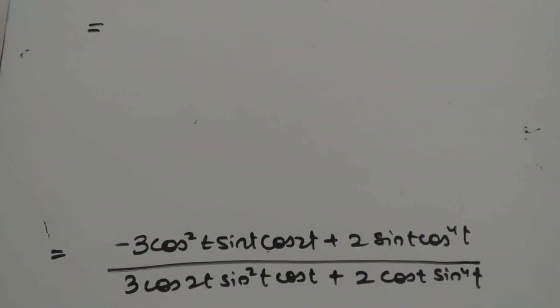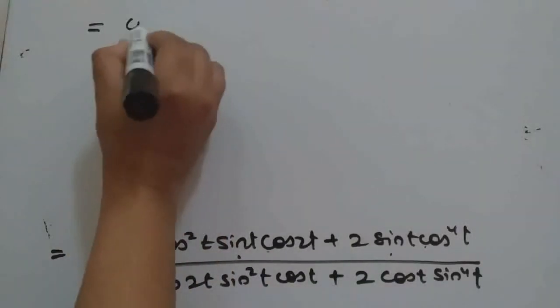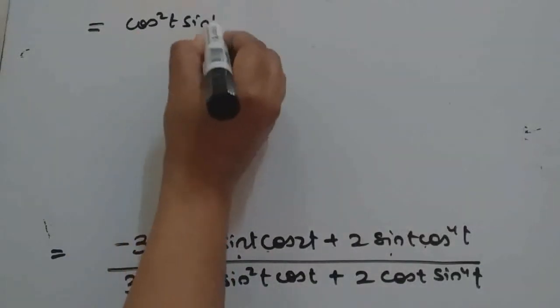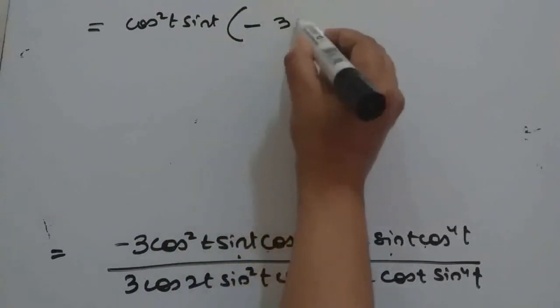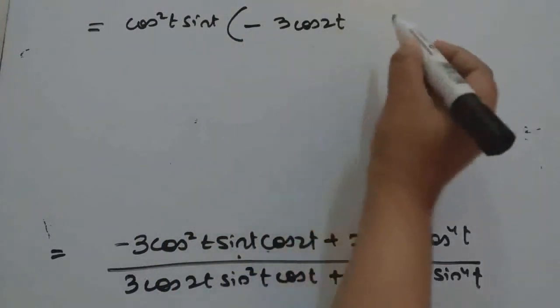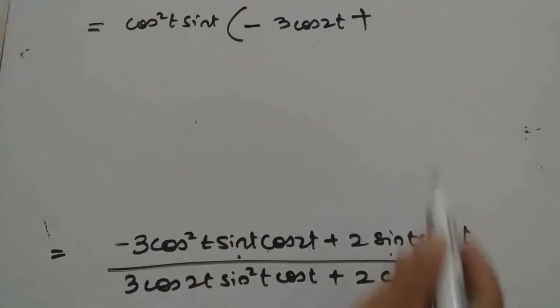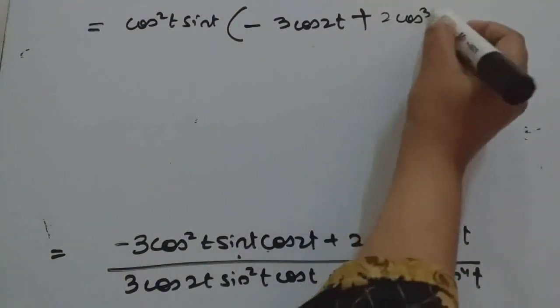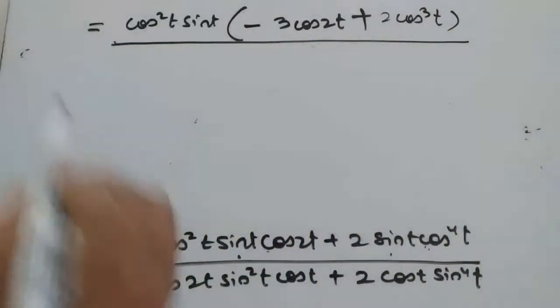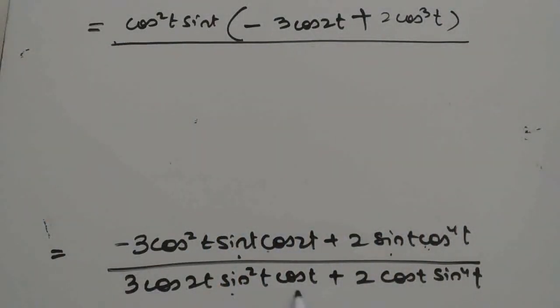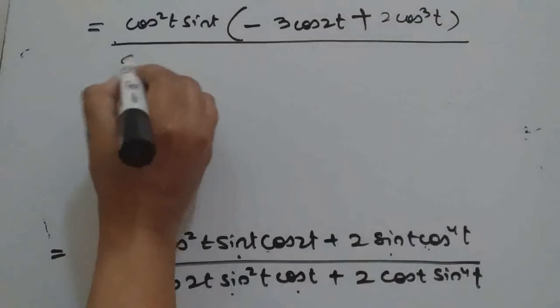Sin t is common, and cos square t. So cos square t and sin t from the numerator, so minus cos 2t plus here 2 cos cube t will remain. Divide by, here also sin square t cos t we will take common.